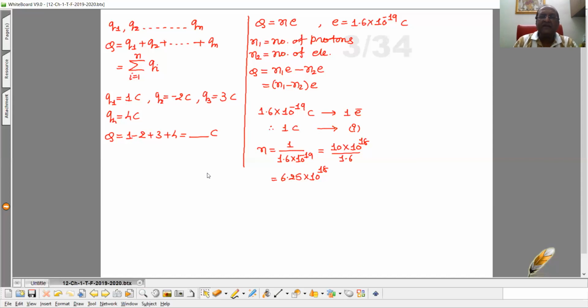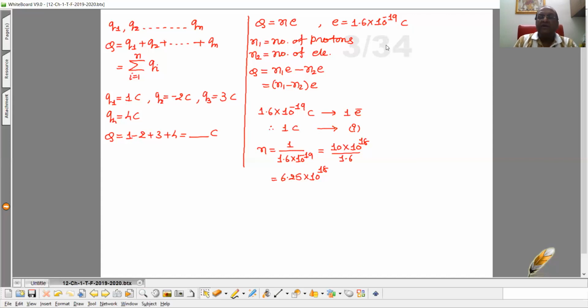We can write the charge available in nature or residing on any system, any object: Q is equal to n e, where n is an integer and e is the fundamental charge, the magnitude of the charge on the electron. Its calculated value is 1.6 into 10 raised to minus 19 coulomb. So charge available in nature is always an integer multiple of this, meaning 1 times this, 2 times this, 3 times this, 4 times this.